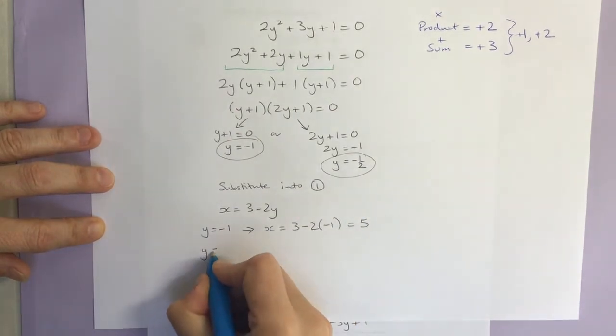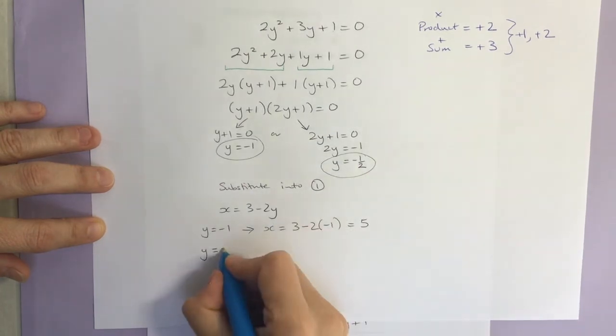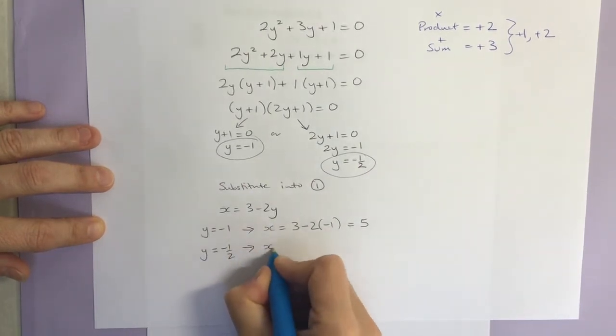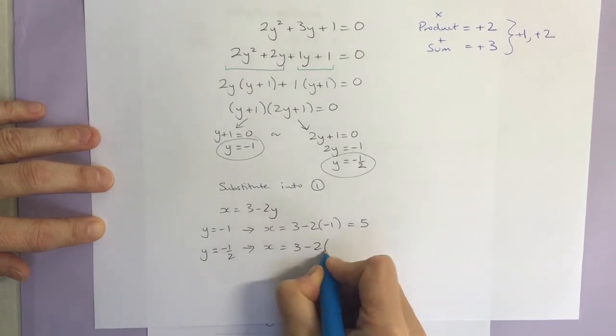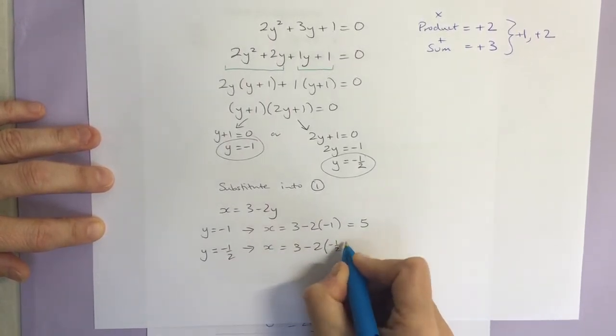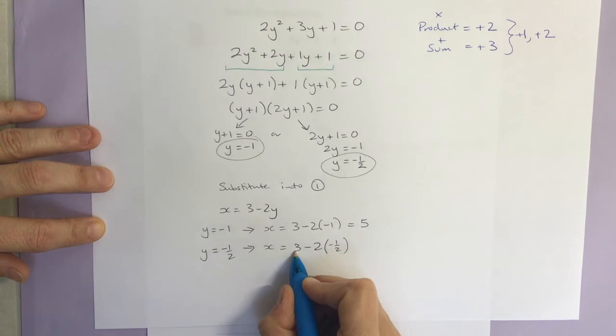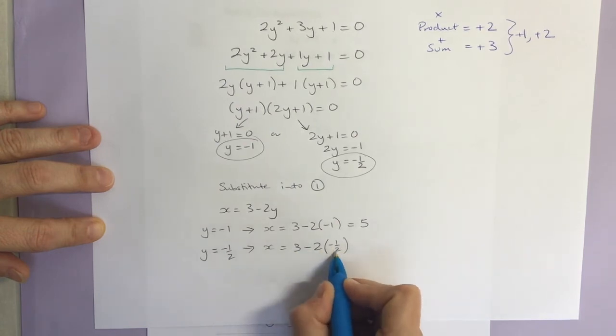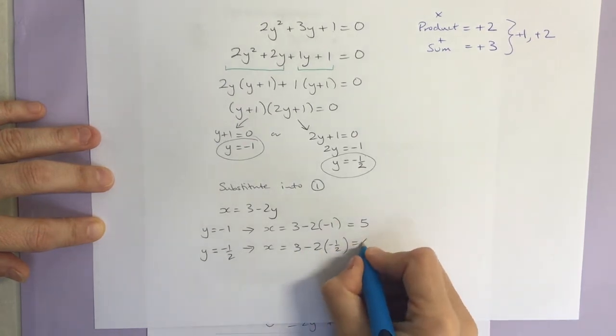And then if y is minus a half there for my other value of y, x is equal to 3 minus 2, brackets minus a half this time for y. So 3 minus times minus is a plus, 2 times a half is 1, so 3 plus 1 is 4.